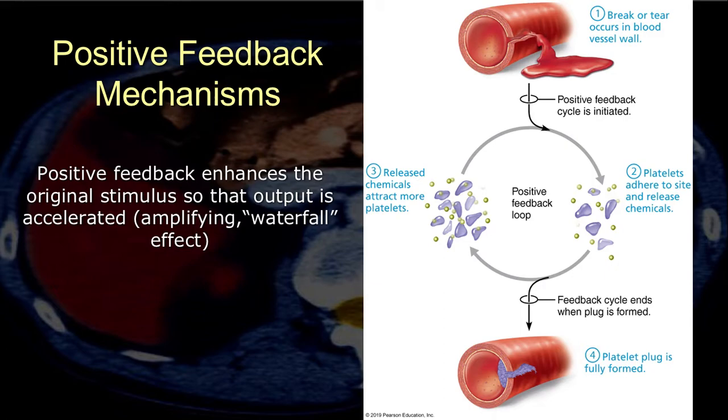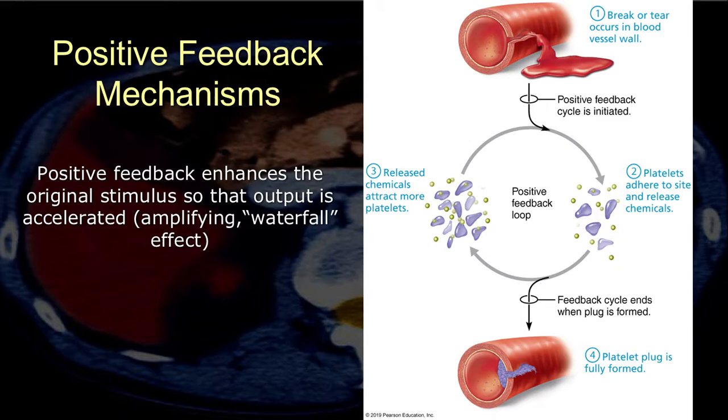When they join, they release more clotting factor, which brings even more platelets to join the clot. And this keeps going until we have a nice big clot to close off the blood vessel.